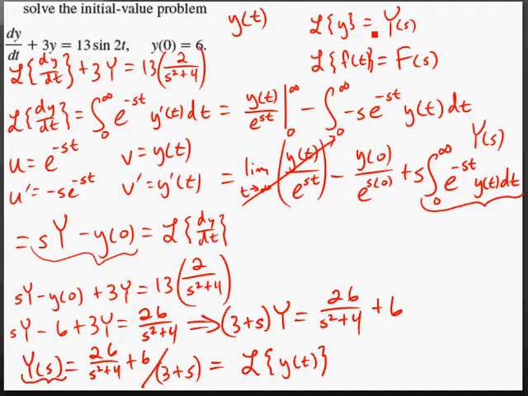Because if I wind up ultimately looking for a function y of t, I can undo this Laplace by taking the Laplace inverse, which is what I want to talk about in class tomorrow. But if I do this to this side, then I would have to do the Laplace inverse to this side, and my answer would wind up being just y as a function of t equal to something. And we'll go over what the actual response is for that on the next lesson.